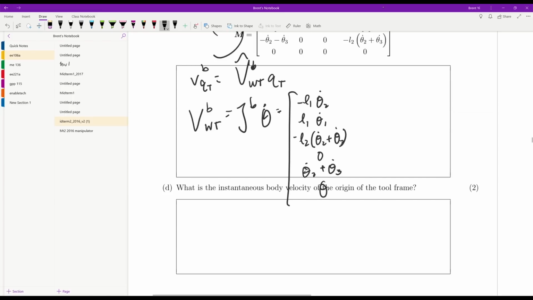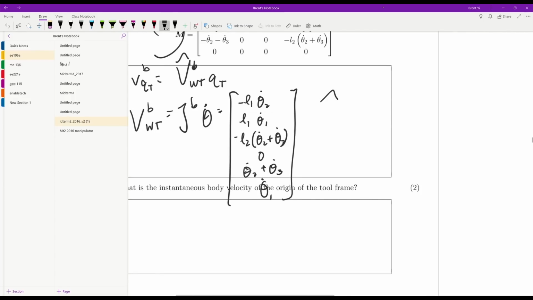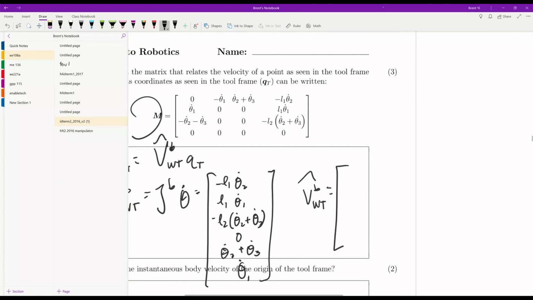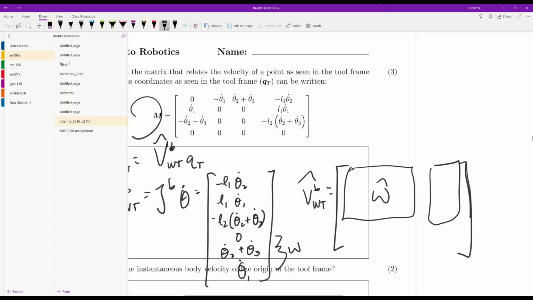Okay. And then if we wedge this, VBWT, we get a 4x4 matrix where this first 3x3 here is equal to omega skew, where this is omega. This here is P, and the bottom is all zeros.